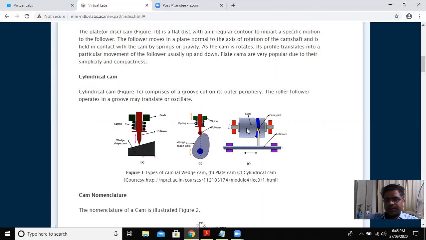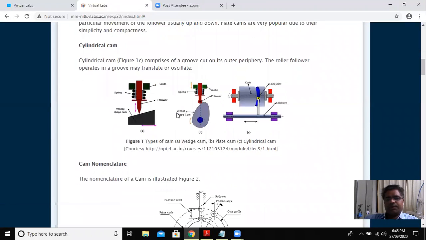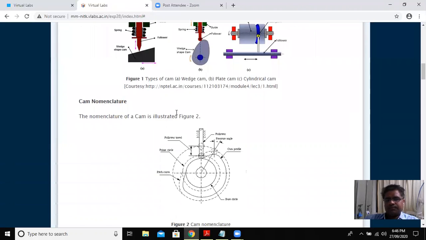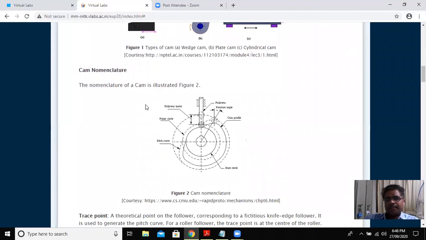So this is the cylindrical cam. The cam is in the form of a cylinder, and this will be giving a to and fro motion. Depending upon the type of output motion required, we will be having different combinations or different shapes of cam and follower.